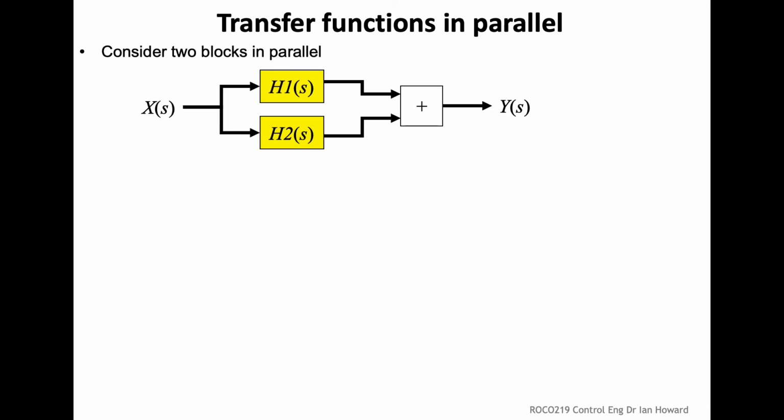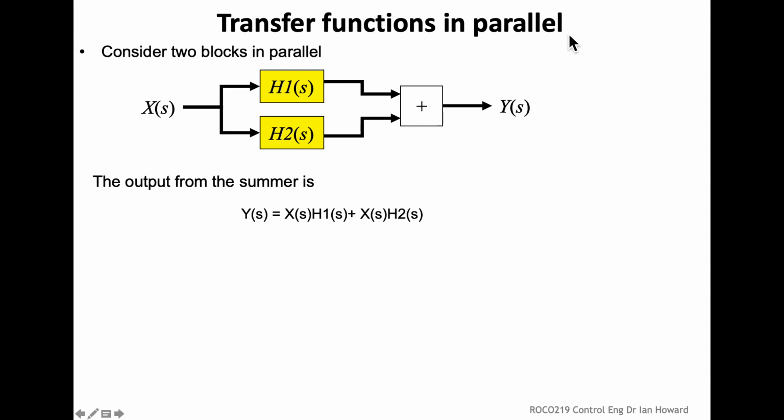If we have two things in parallel, we have to bear in mind, we are dealing here with linear systems. So the output, therefore, is just going to be the sum of the actual parallel blocks.